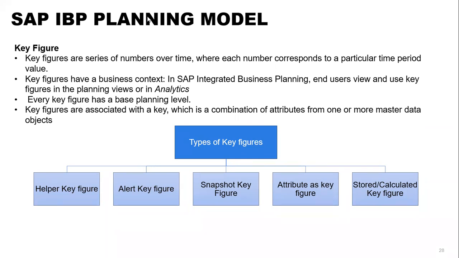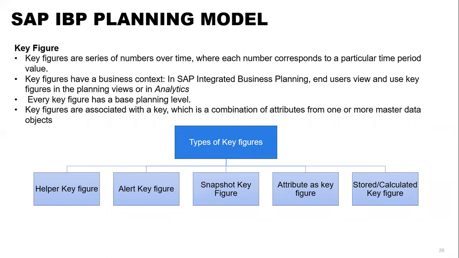Could you please explain again that attribute as a key figure? Yes. Generally key figures we define with respect to time, and these values will vary. For this month a certain value will be there, in the next month a certain value will be there. It may be constant, may not be, but it will vary with respect to time.